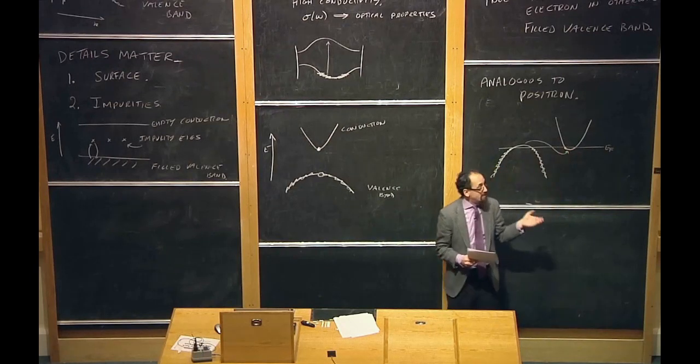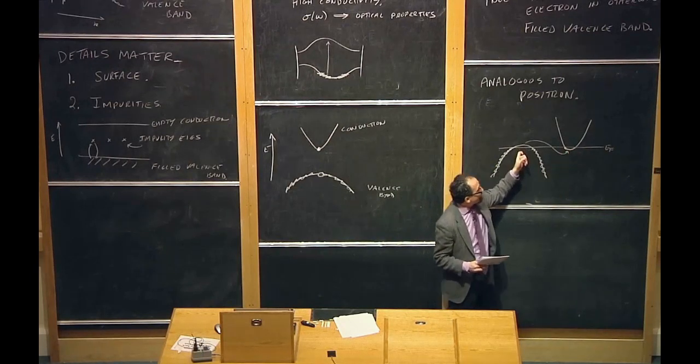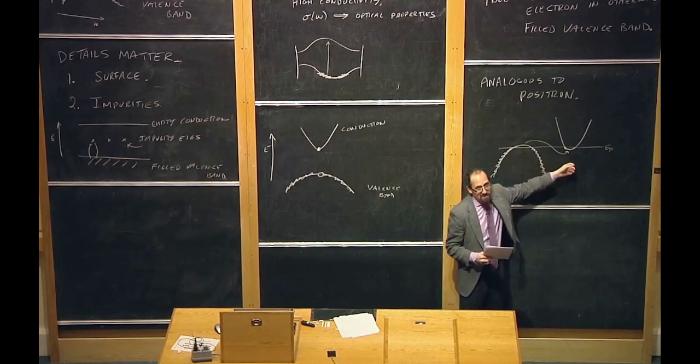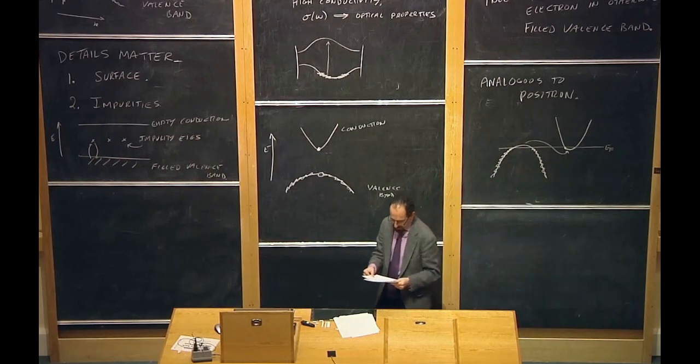And so this becomes a little bit metallic because you have some holes in the valence band and some electrons in the conduction band.